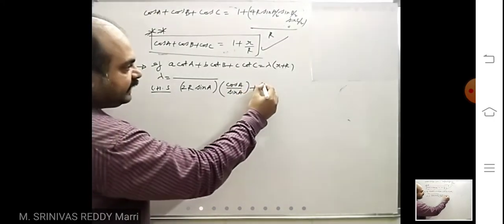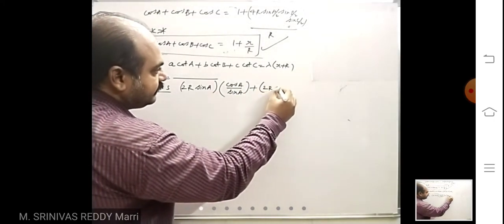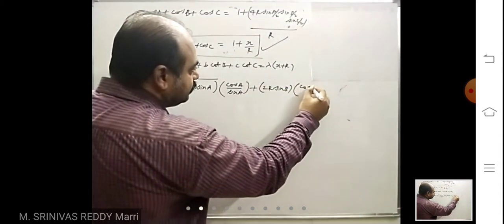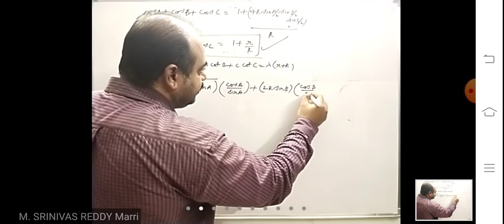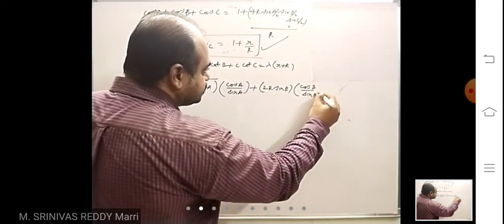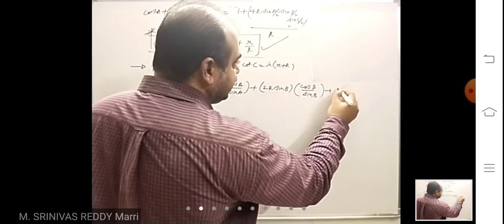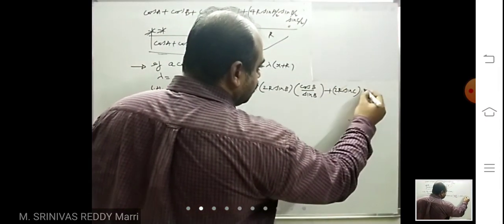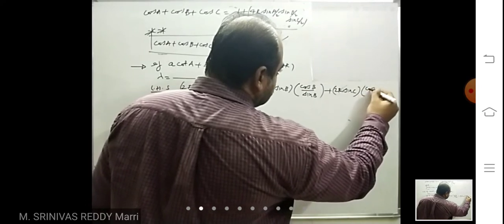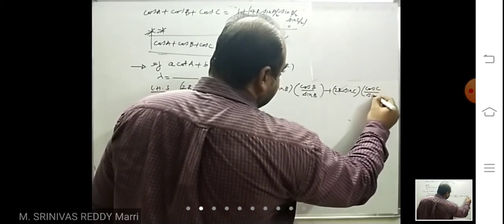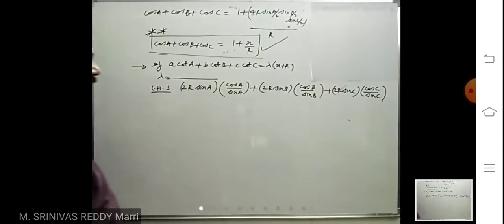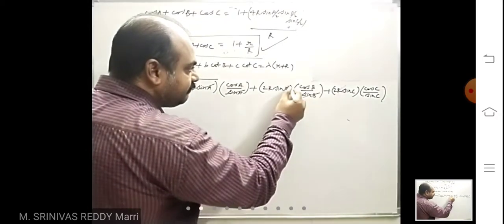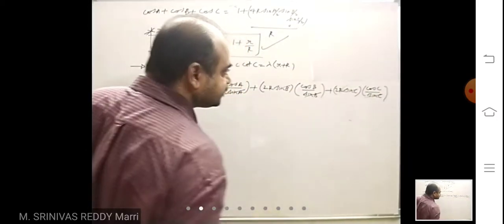So B is nothing but 2r sine B into cos B divided by sine B, plus C is nothing but 2r sine C into cos C divided by sine C, right? So strike out this sine A, sine B, sine C.